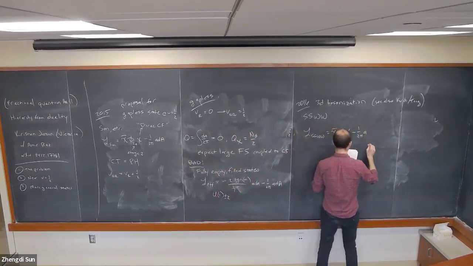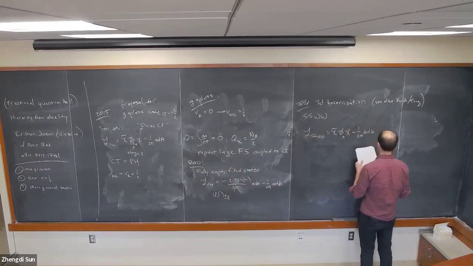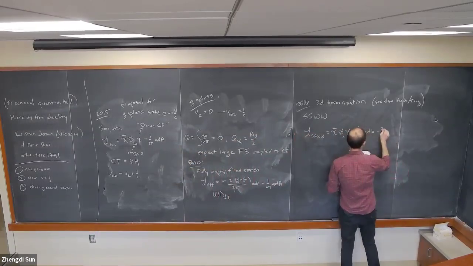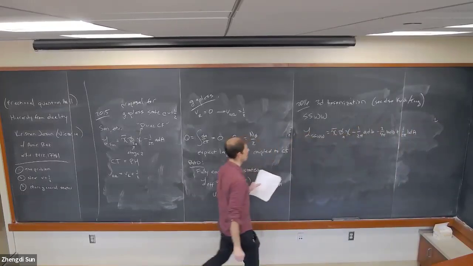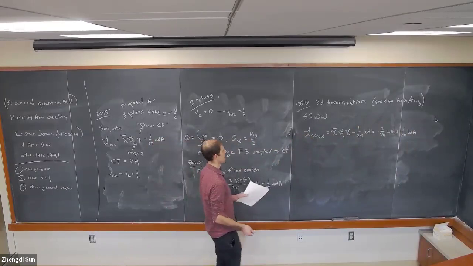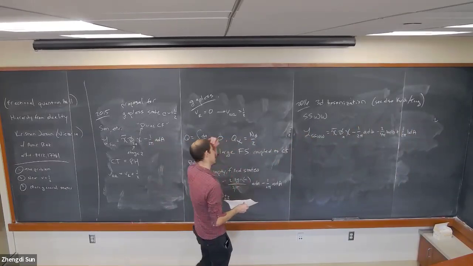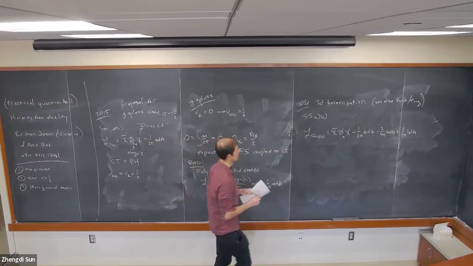Minus 1 over 2 pi a db. There's another field. I'm going to call it b. Minus 2 over 4 pi b db. And then a minus 1/2 pi b dA. And they propose this as an improved version of Son's theory. It's a candidate description of the half-filled state.